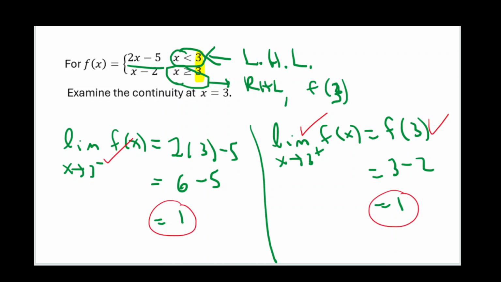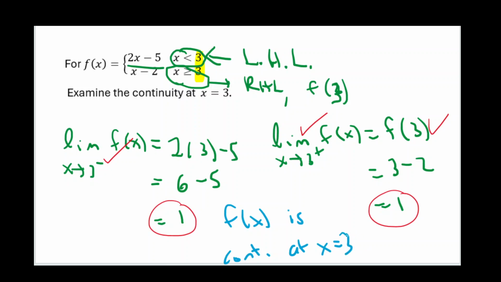And therefore, I can say that f of x is continuous at x equals 3. And of course, I could also say it's continuous for all real numbers, again, because below 3, it's a line which is continuous everywhere. Above 3, it's a different line, but continuous everywhere. And at 3, it's also continuous. So this is a continuous function at x equals 3 and everywhere.